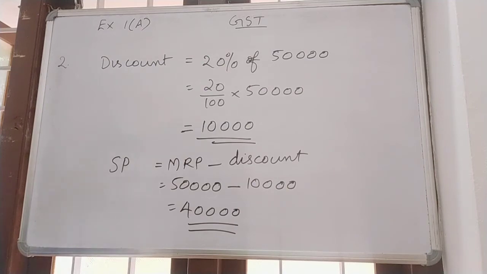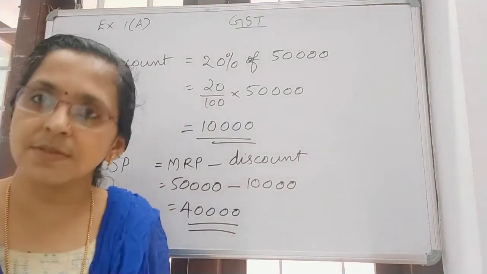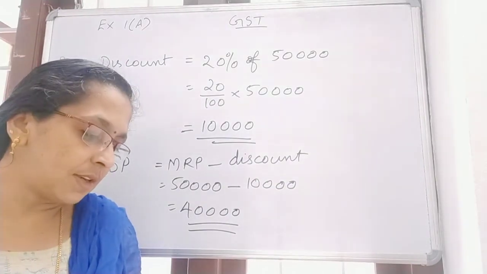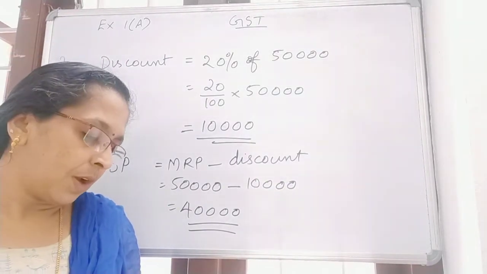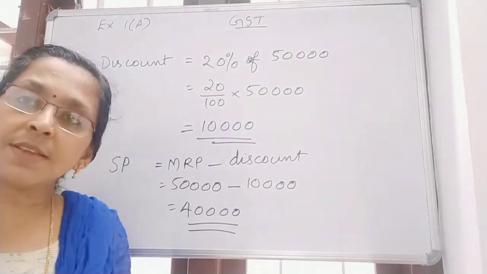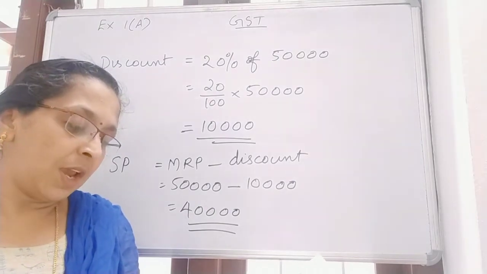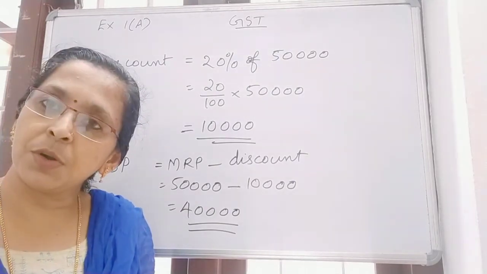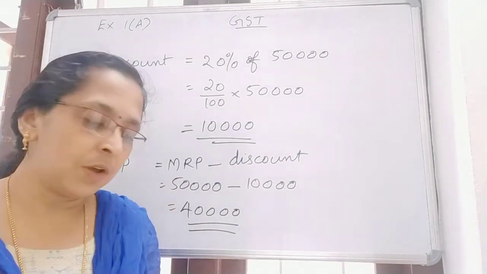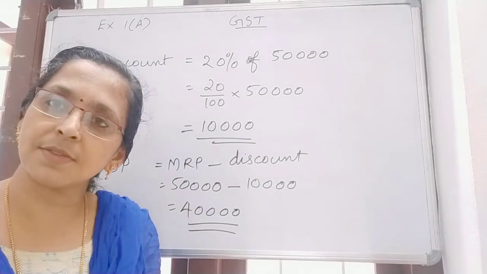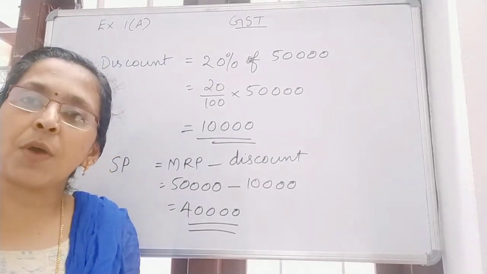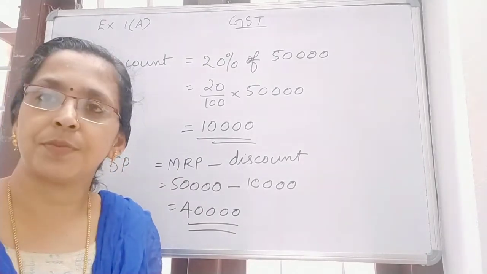Next CGST. Since it is an interstate transaction, CGST is equal to 0, SGST is equal to 0. We want to find out IGST. GST is given as 28%. So 28% of which value we want to take? After giving discount, we got the value, that is selling price, as 40,000. So IGST will be 28% of that selling price.